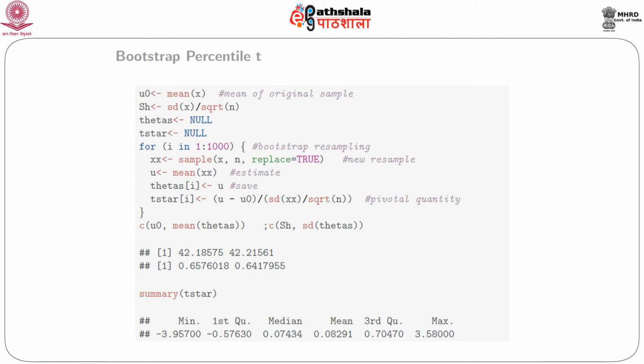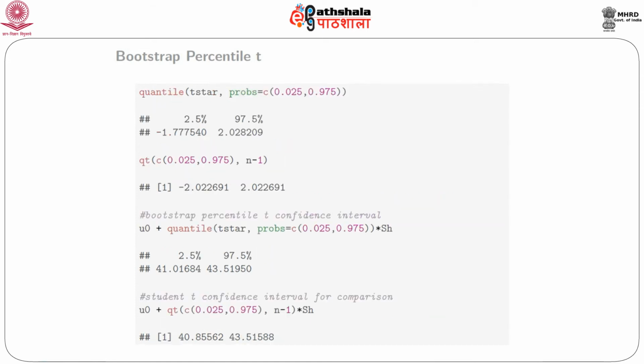Now, just to compare, again the means are very similar. If we compare the standard error from the original sample and the standard error of the bootstrap, we find that the standard error of the bootstrap is smaller than the standard error computed from the sample.